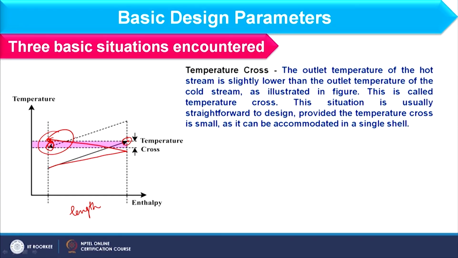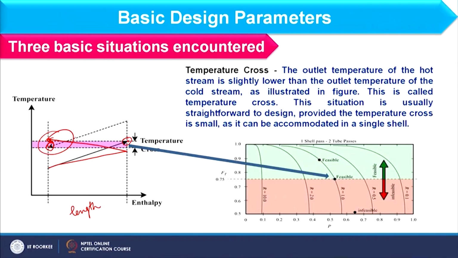However, we can consider some amount of temperature cross. Okay. In that case, if this situation arises, then what will happen? Ft factor will be equal to 0.75.